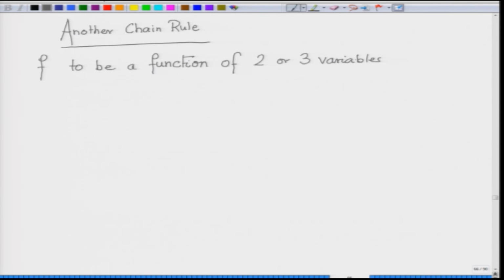Now, let C(t) be a curve on the plane or a curve in 3-dimensional space.